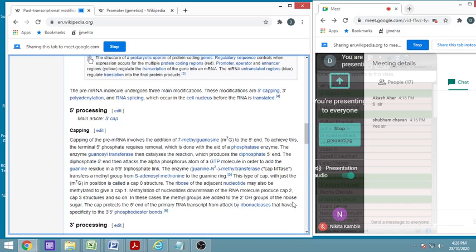So, the pre-mRNA molecules will undergo 3 main modifications: first is 5' capping, then the 3' tail, that is polyadenylation, and RNA splicing. All these 3 things occur in the cell nucleus before the RNA is translated.